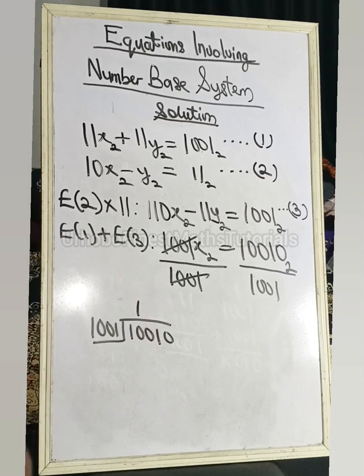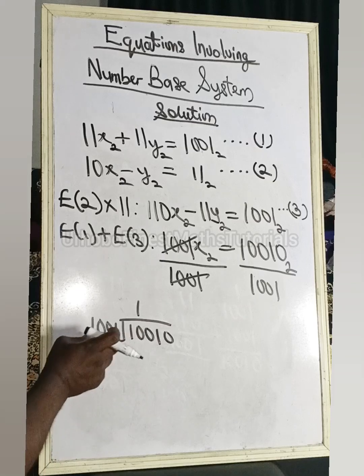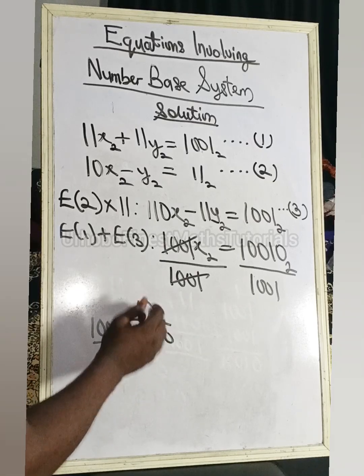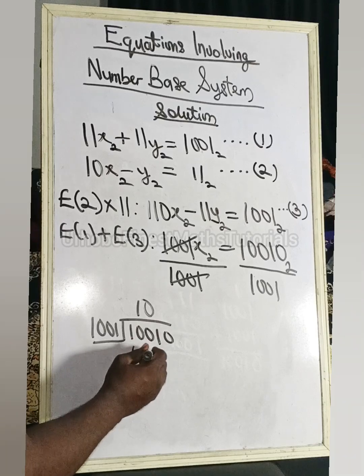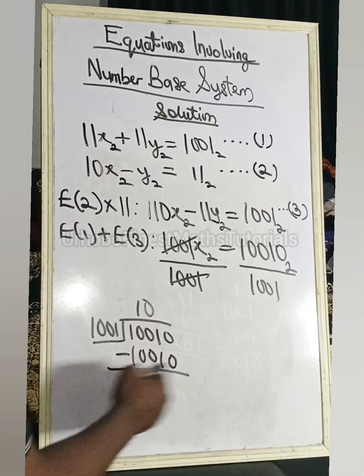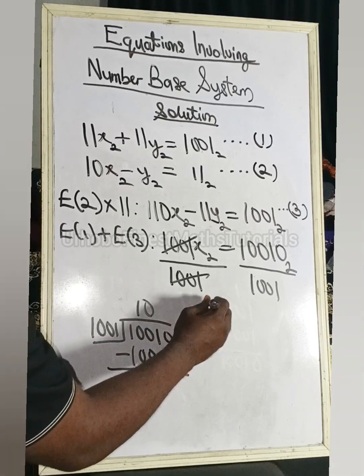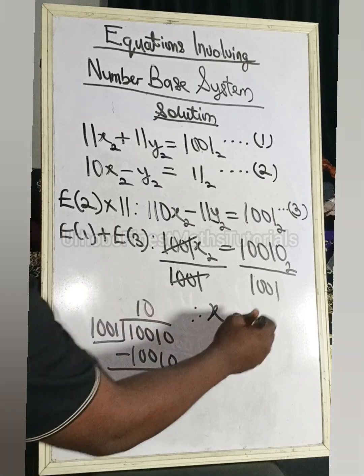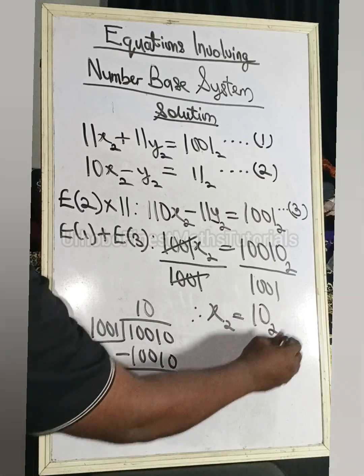It will go one time. Now, if you look at this point and this one, they are the same. So all you need to do, this 0, put it up. If you multiply these two together, you equally have the same thing like this. When you subtract, you have 0. So therefore, x base 2 equals 10 base 2. This is our answer for x.